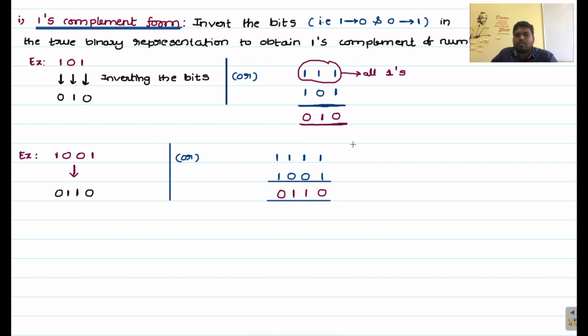So this is the one's complement form of the given binary number, that is 9, right? 1001 means decimal equivalent 9, right? This is the way to find the one's complement form of any given binary number. You can use this method, otherwise you can use the other method. Subtracting the given binary number from all ones is the same as the inversion operation only.